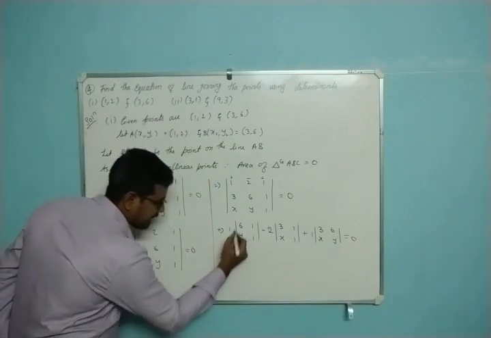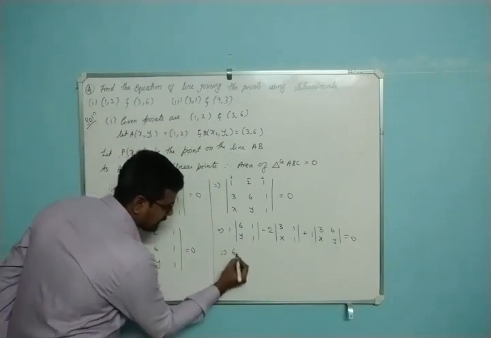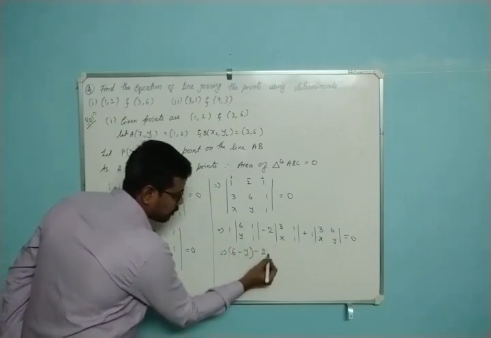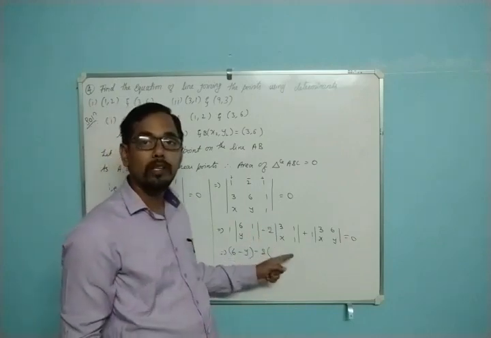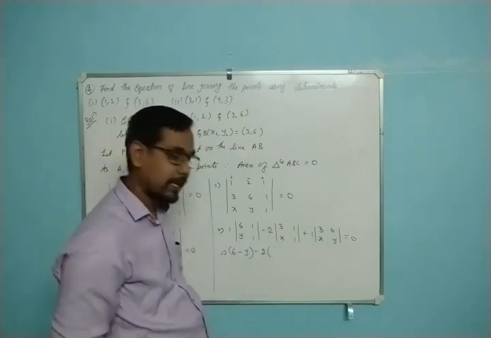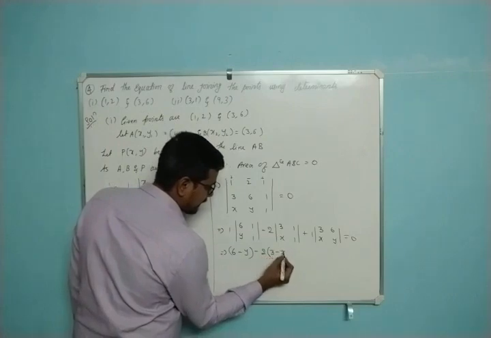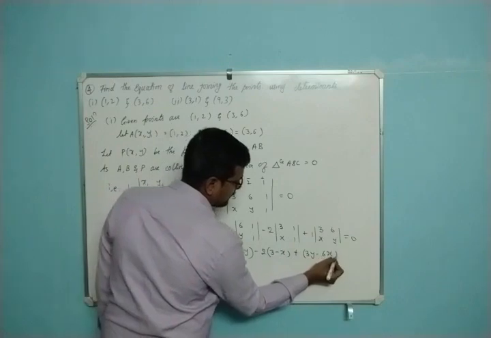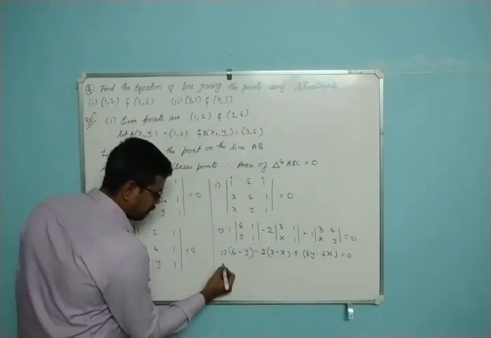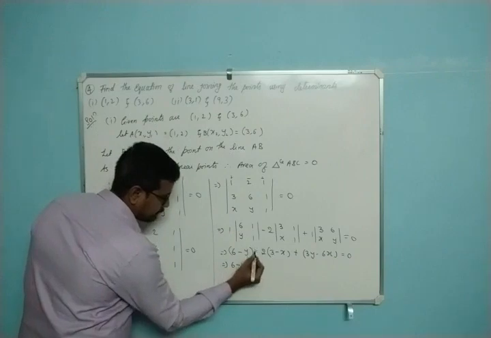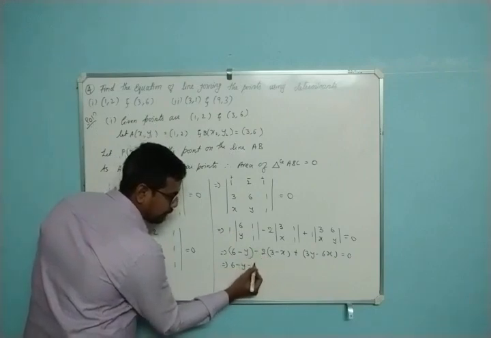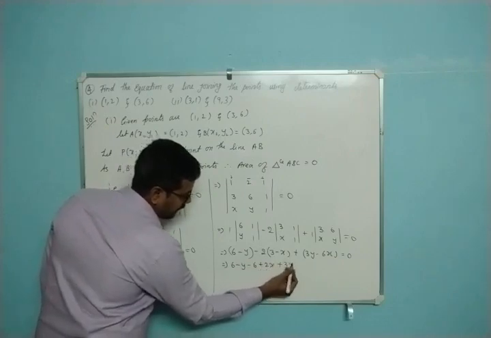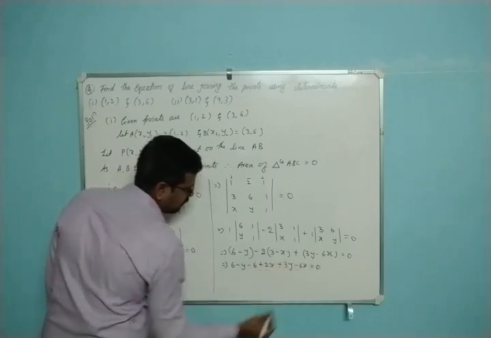Now I can write this as 6 into 1 is 6, minus y into 1 is y, so 6 minus y, minus 2 times 3 into 1 is 3, minus x into 1 is x, so 3 minus x, plus 3y minus 6x is equal to 0. So 6 minus y, minus 6 plus 2x, plus 3y minus 6x is equal to 0.